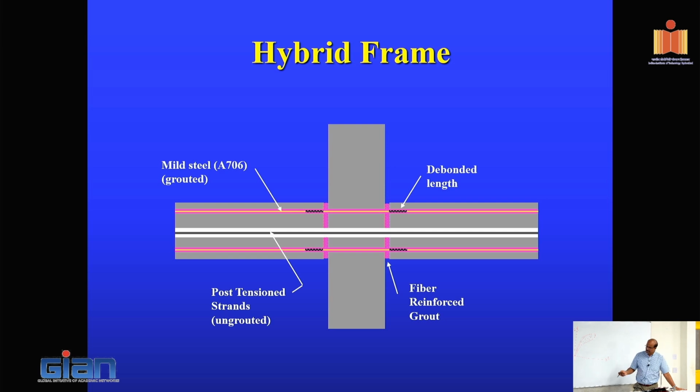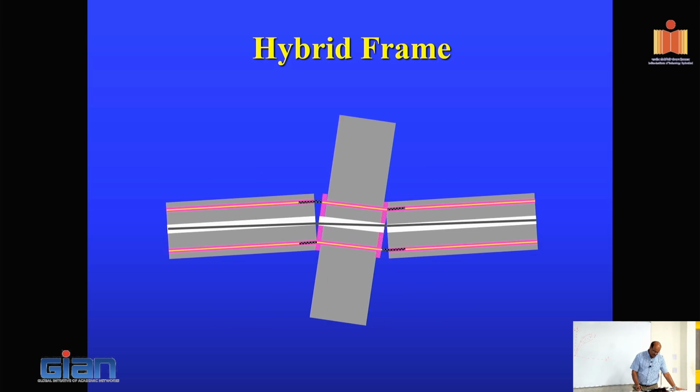If you push on it laterally, this is what's going to happen. You would have a gap open up here and a gap open up there, and the column will remain undamaged and the beam will remain undamaged except where this gap opens up. This gap will cause strain concentration in the rebar and therefore fracture the bar prematurely.